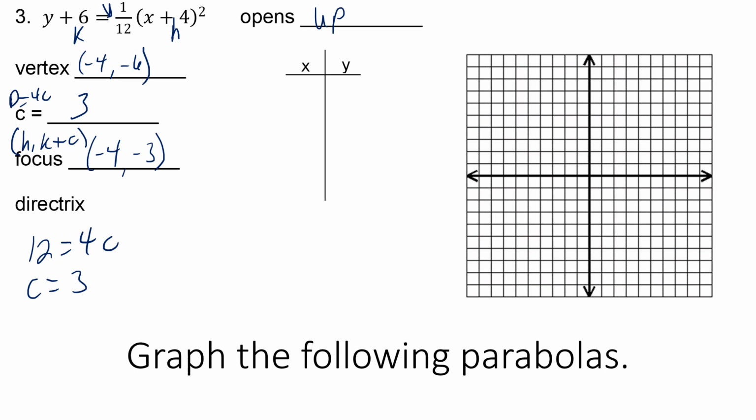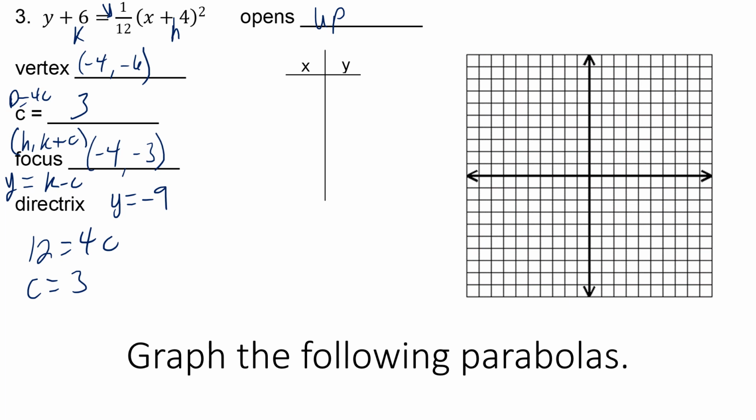And your directrix is a horizontal line, so we have y equals k minus c. My directrix is going to be y equals my k value of -6 minus my c value of 3, which puts me at -9.